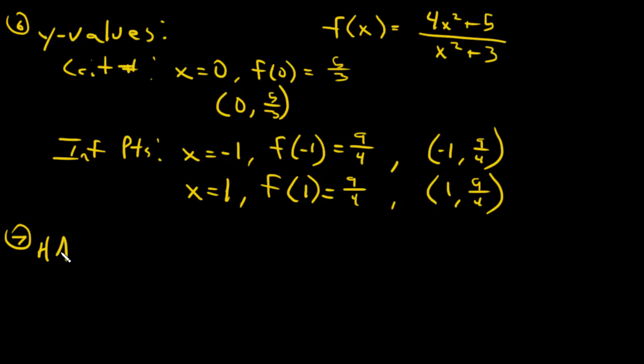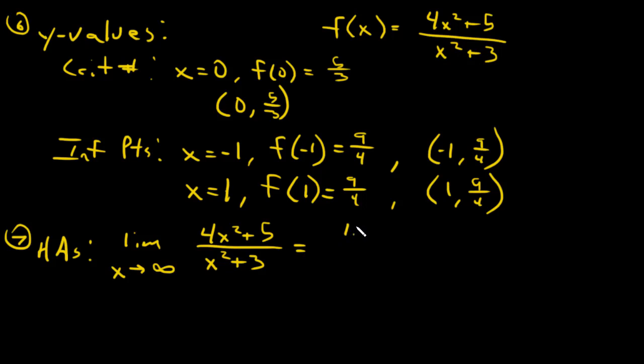Okay? Now, step 7, horizontal asymptotes. Here we go. Get some more practice with these. We're going to look for the HAs. So the HAs are at the limit as x approaches positive infinity. We'll look at that first, of the original function, 4x squared plus 5 over x squared plus 3. The way that we can simplify this is by dividing every term by the highest power of x, which is x squared.